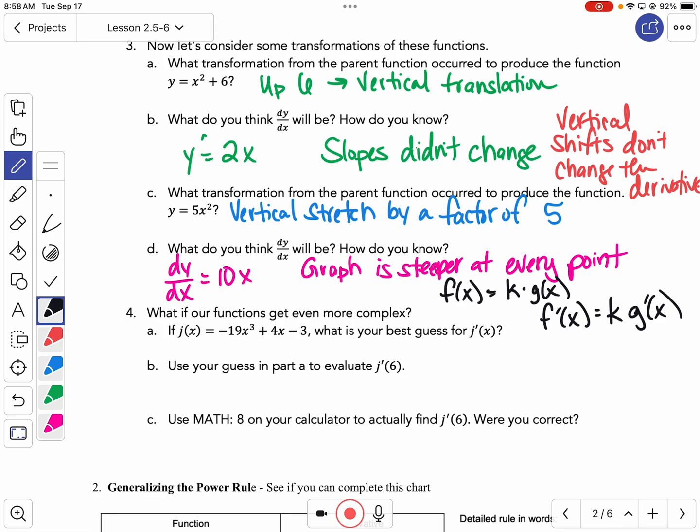It's just a constant, and that constant stays there. It makes my slopes steeper, so my derivative is going to be steeper.